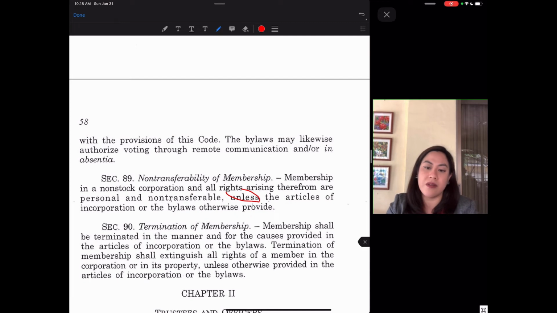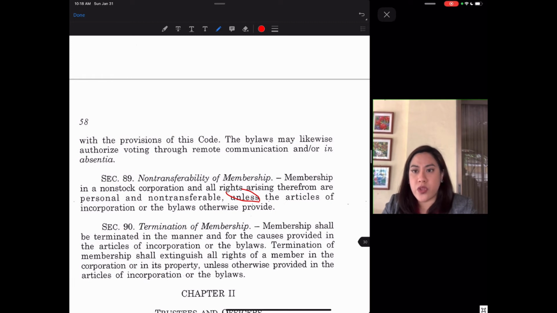And that's the reason why if ever a non-stock corporation decides to hold as security the shares of the member in case the member fails to pay membership dues, the non-stock corporation or the member cannot require compliance with Section 67 of the Revised Corporation Code.